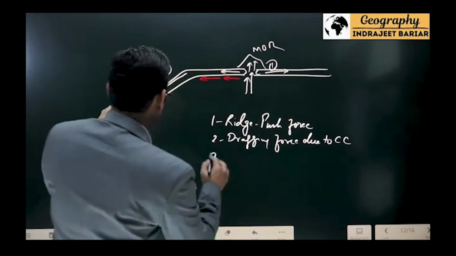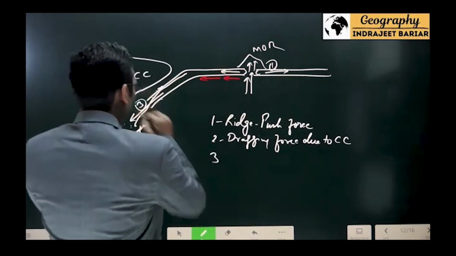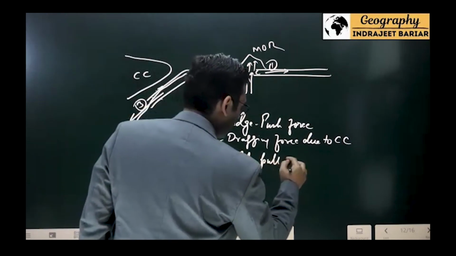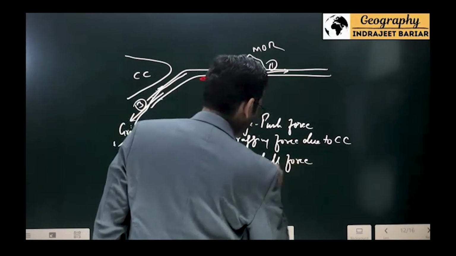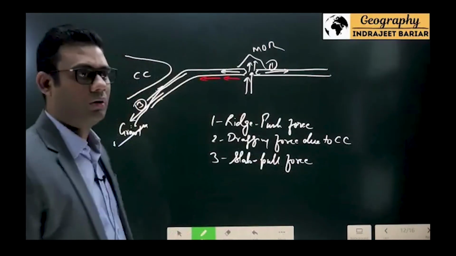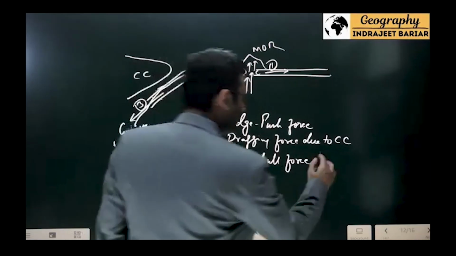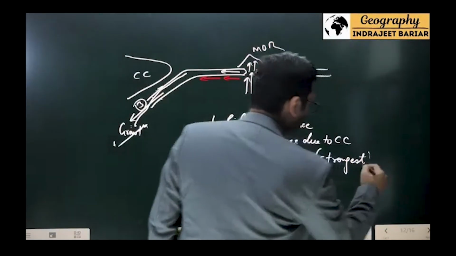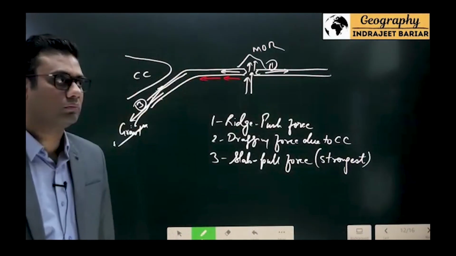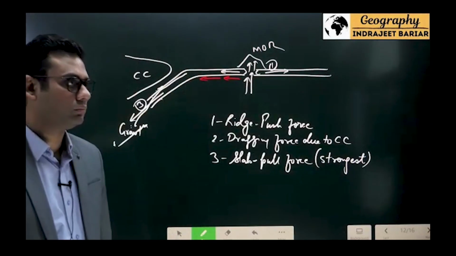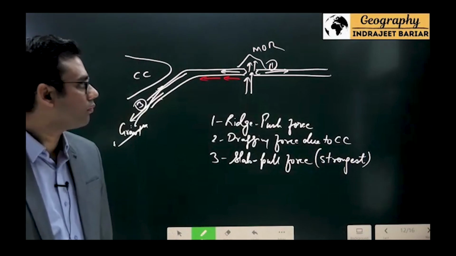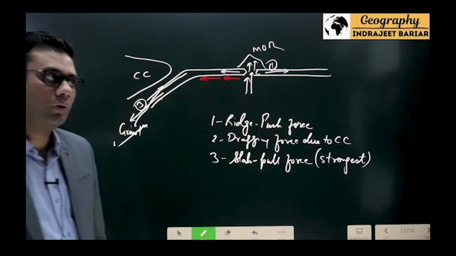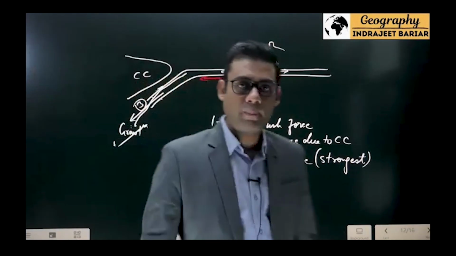And so this third force is called slab pull force. And out of these three, this one is strongest of all.